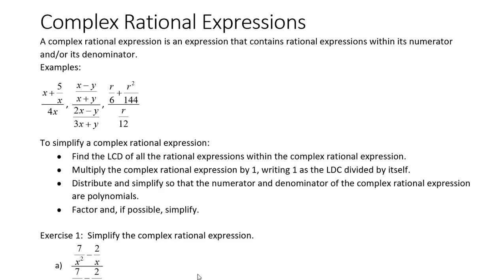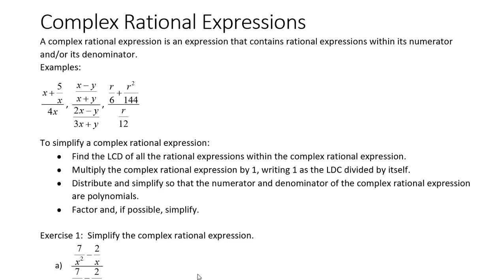As you can see, these look pretty weird. And so there's a way you can simplify them. And you can use some steps to do that. To simplify a complex rational expression, find the LCD of all the rational expressions within the complex rational expression. Multiply the complex rational expression by 1.